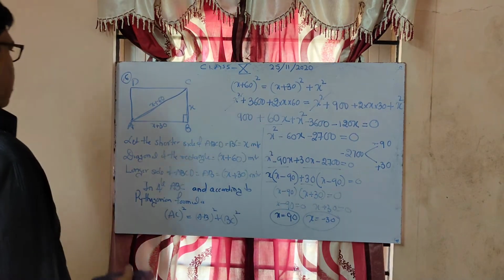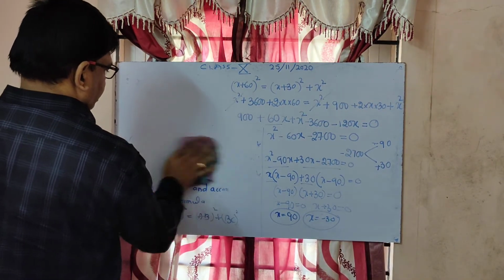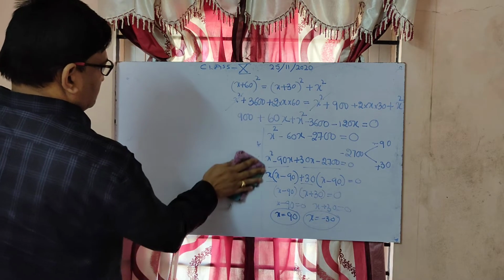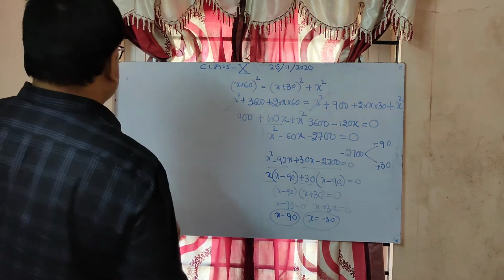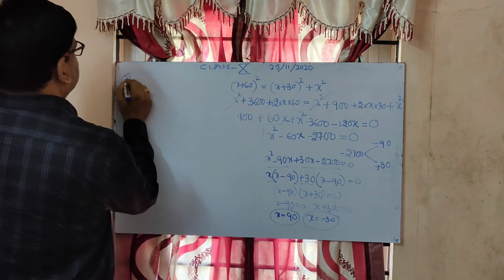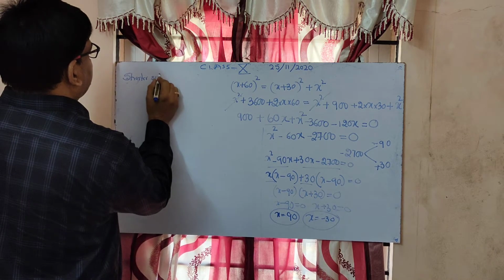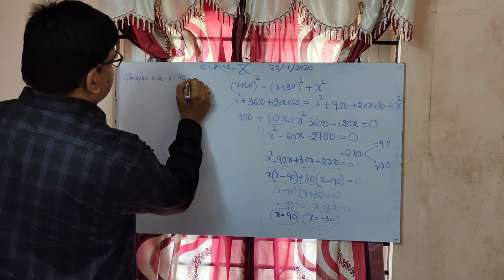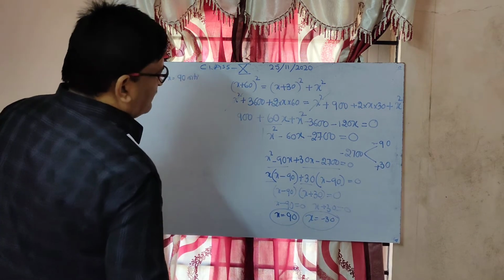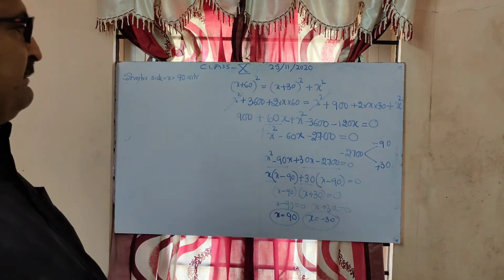That is a positive number. Now, x is what? The shorter side, that is 90 meters. Now we got the shorter side of the rectangle ABCD, that is 90 meters.